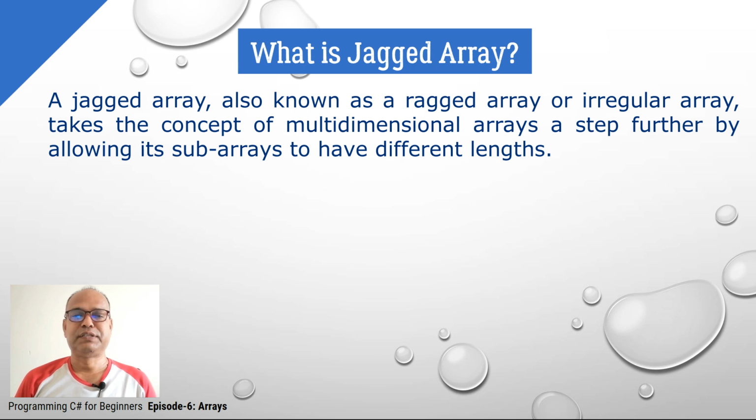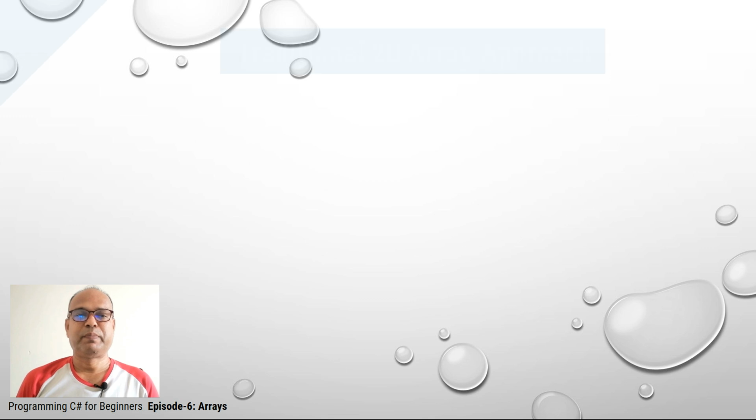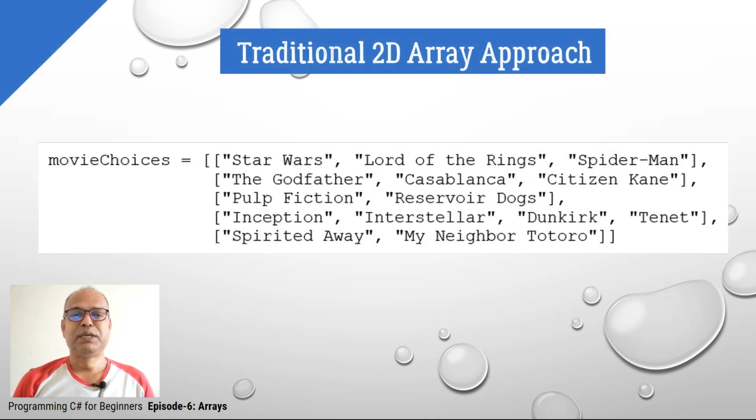Let's consider a scenario. You are organizing a movie night for some friends, and each friend wants to watch a different number of movies. You want to store their movie choices in a data structure. First, we perform this scenario using the traditional 2D array approach. You might try using a 2D array with dimensions equal to the maximum number of movies any friend wants to watch.